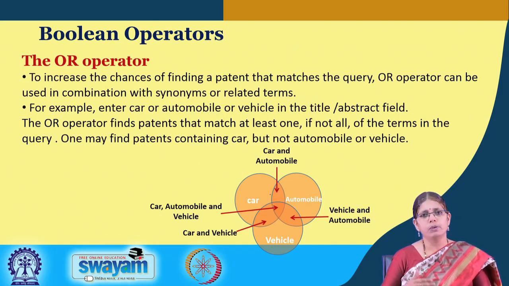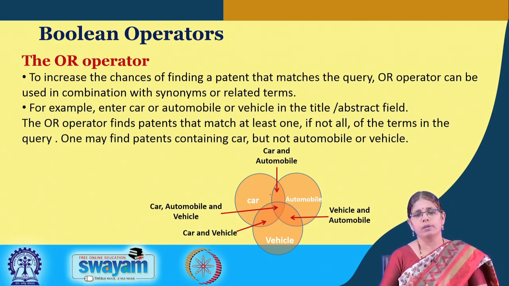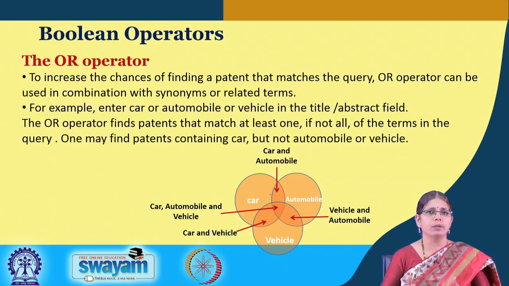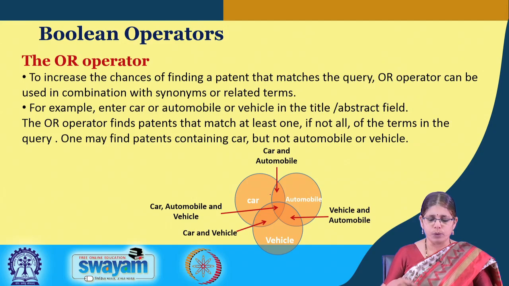You want to know, for instance, whether an invention is relevant to, let us say, two different segments. In this case, we are talking about a car or an automobile or a vehicle. So, you can combine that. These are all the different options that you would like to look at for the particular invention category, and this diagram is one representation of that.